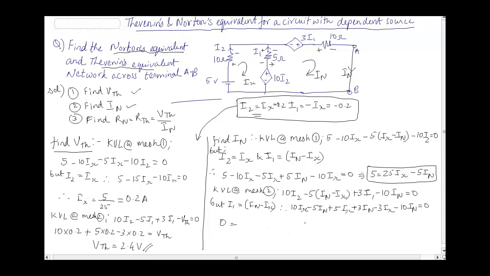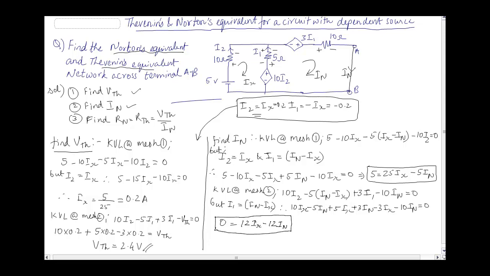So now I am having ix terms together, I can write, so 10 plus 5 minus 3 is 12ix, and in terms minus 5 plus 3 is minus 2, minus 10 is minus 12 in, and that is going to be my second equation.